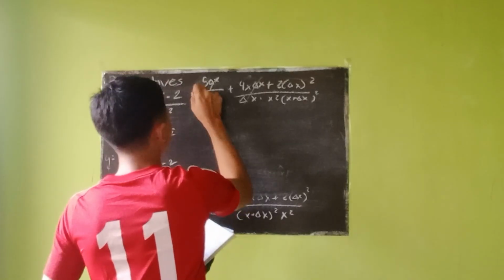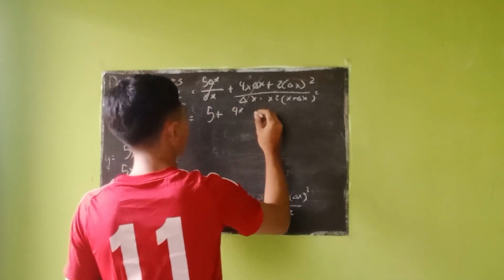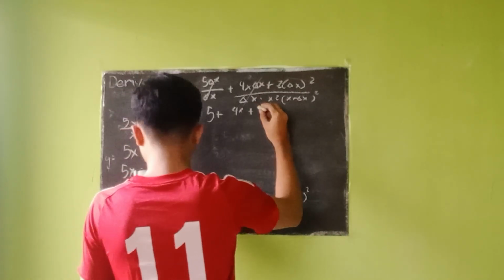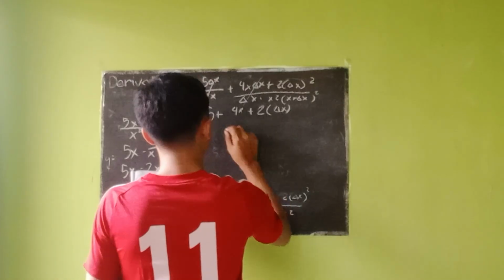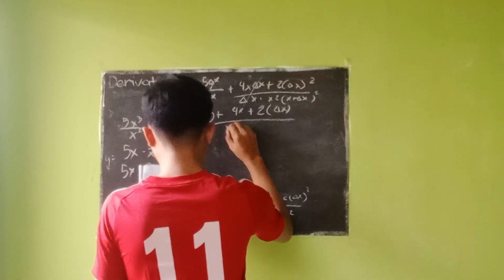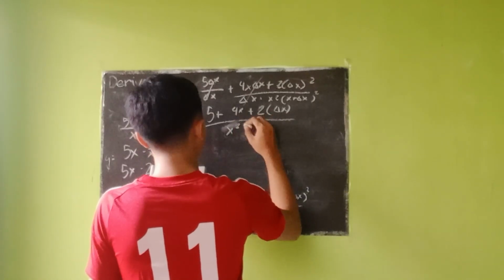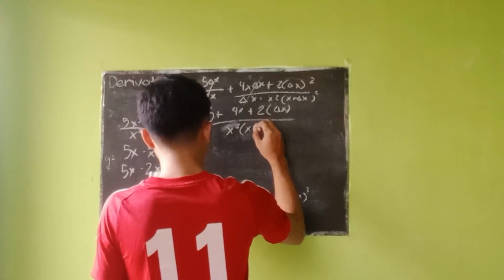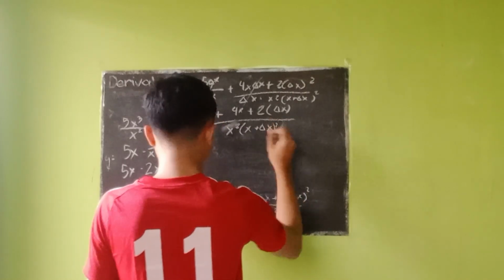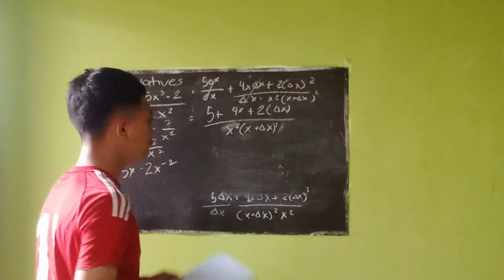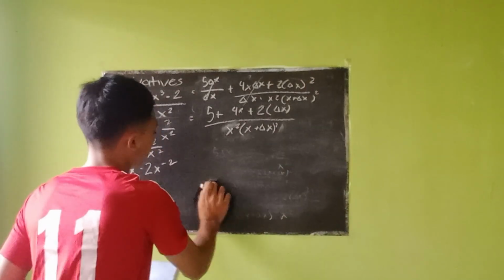So as a result, we'll get 5 plus 4x plus 2 delta x, over x squared times the quantity of x plus delta x squared. Then after that, we'll have to take the limit as delta x approaches 0.